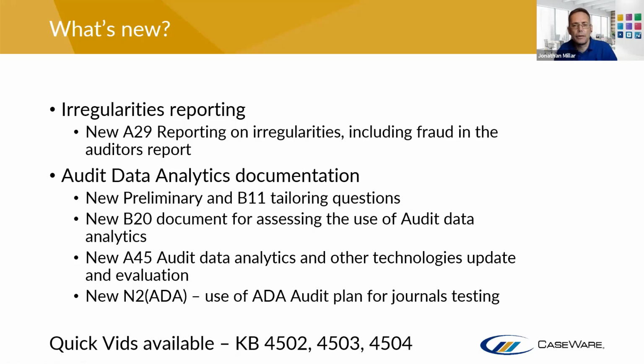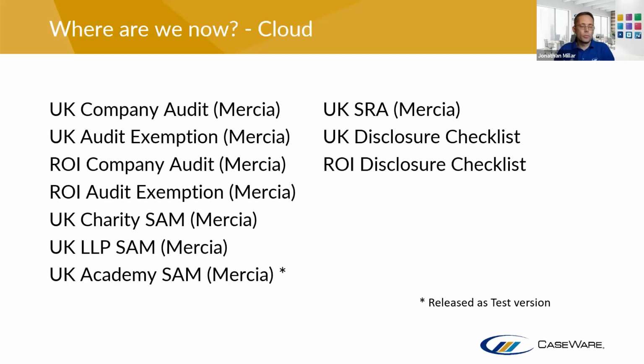So what I want to do now is think about where we are with everything else, particularly the cloud. We've obviously been working hard throughout this year on our cloud software provision. UK company audit and audit exemption has been available for a good year and a bit now. We then added the Republic of Ireland content from Mercia as well, for both company audit and audit exempt.